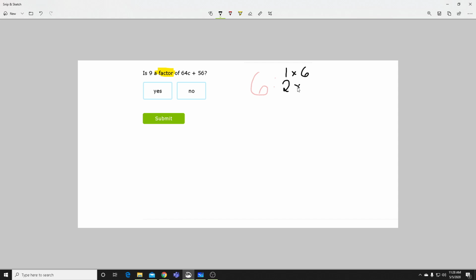We know 2 times 3 is 6. So 2 and 3 would also be factors. So 1, 2, 3, 6. Okay, so this is our set of factors here. So these are our factors of 6.